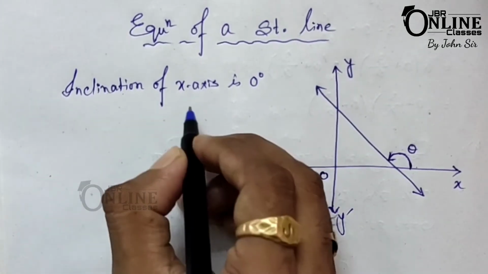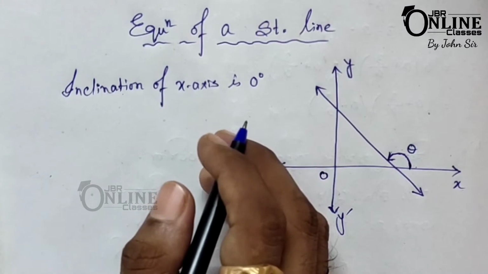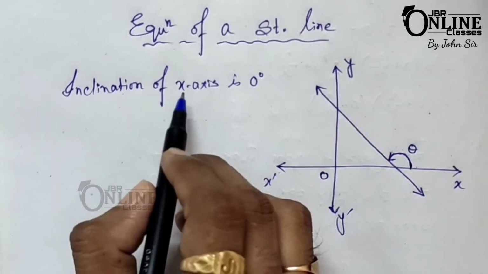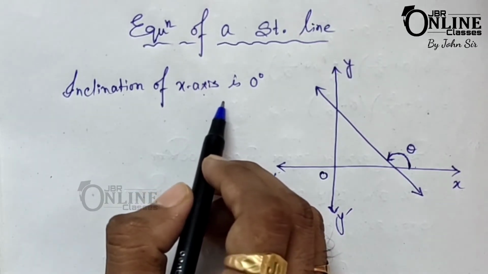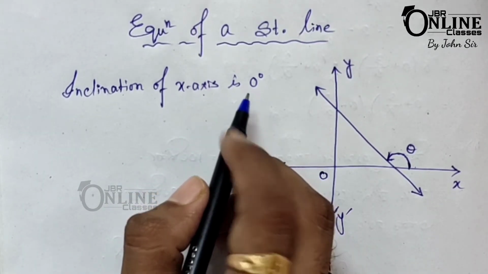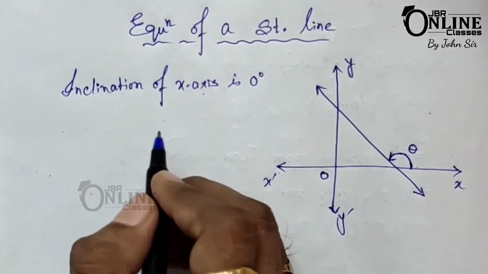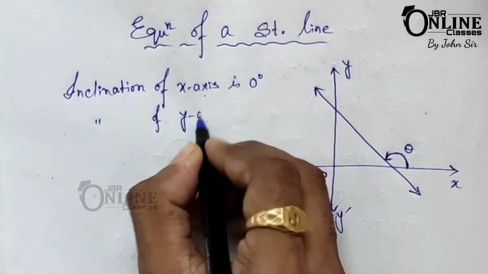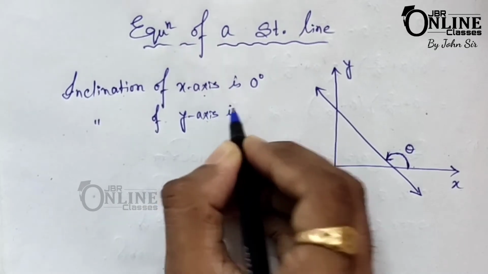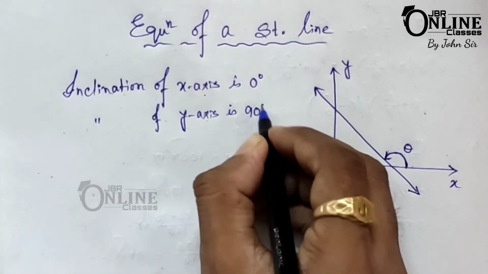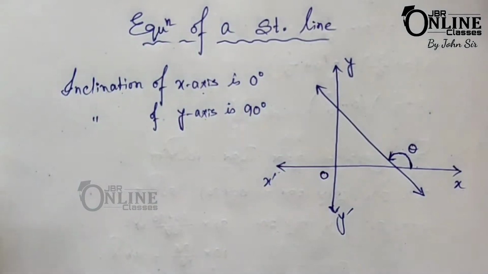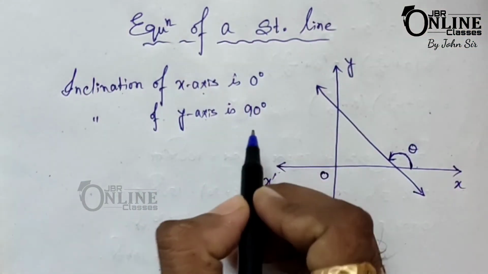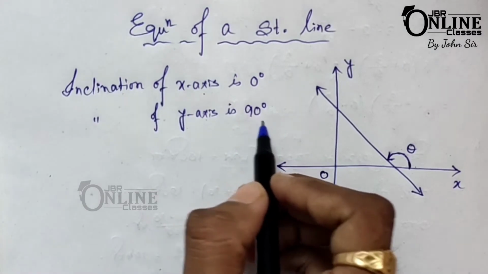The inclination of every line parallel to the x-axis is also 0 degree. Now the third point: the inclination of the y-axis is 90 degree. So that means the inclination of every line parallel to the y-axis is also 90 degree.